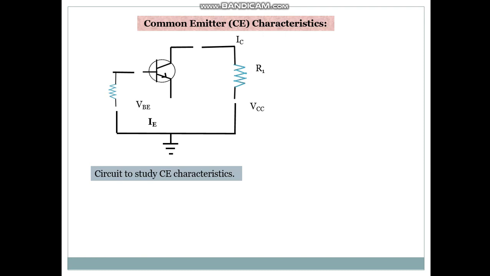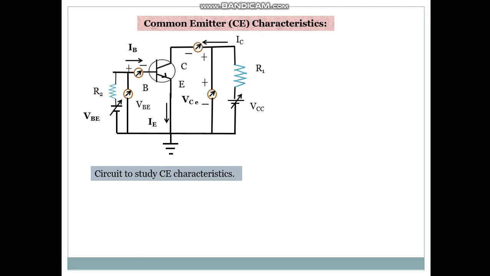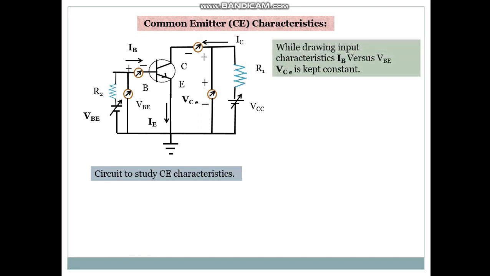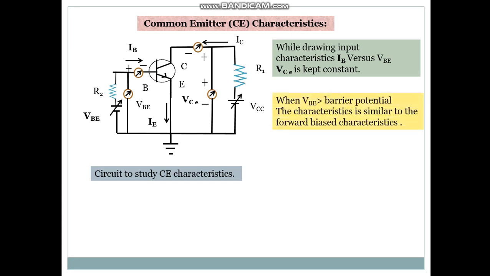Common emitter characteristics. The circuit to study the CE characteristics is as shown. We have the IB, the VBE. While drawing the input characteristic IB versus VBE, VCE is kept constant. When VBE is greater than the barrier potential, the characteristics are similar to the forward bias characteristic.